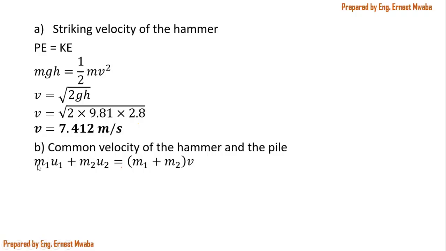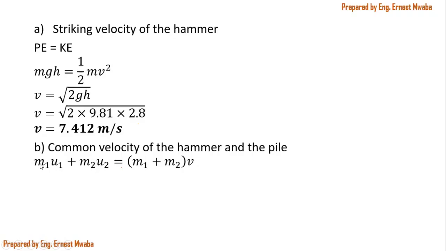So we have the sum of initial momentum, which is m1u1 plus m2u2, equal to (m1 plus m2)v. Body number 1 is the hammer. Body number 2 is the pile.